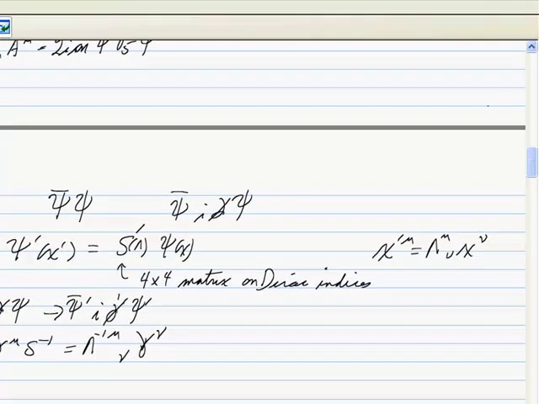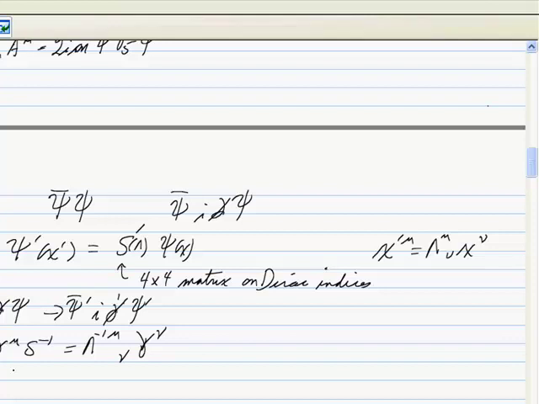Okay, so this basically allows you to make the transformation on the derivative operator to turn it into the derivative with respect to x prime. So that's the condition, and then you solve for it.